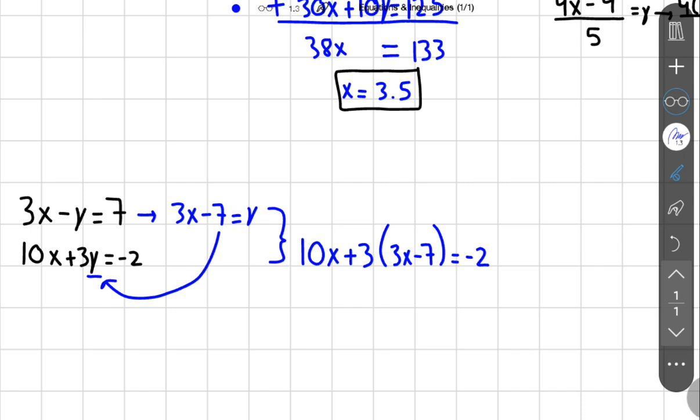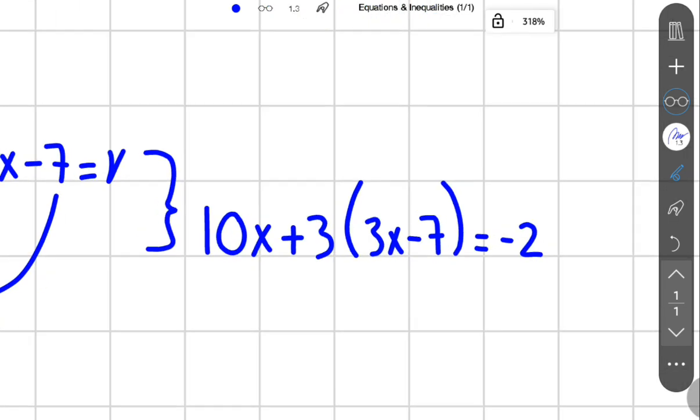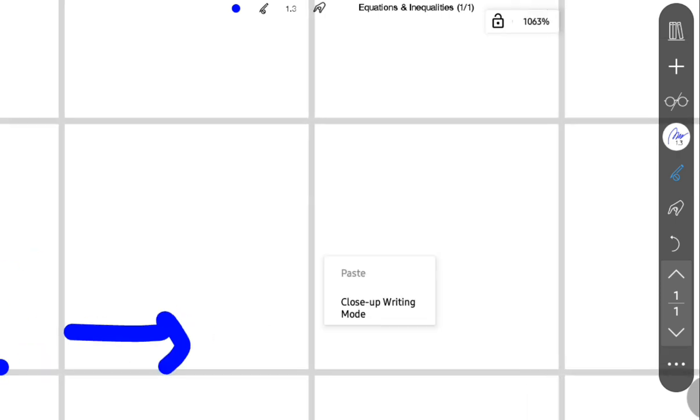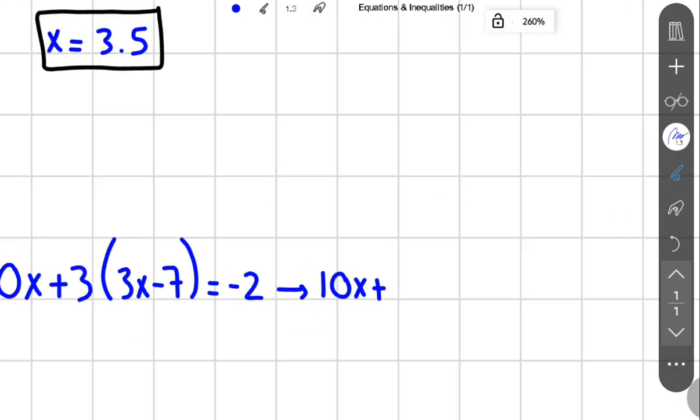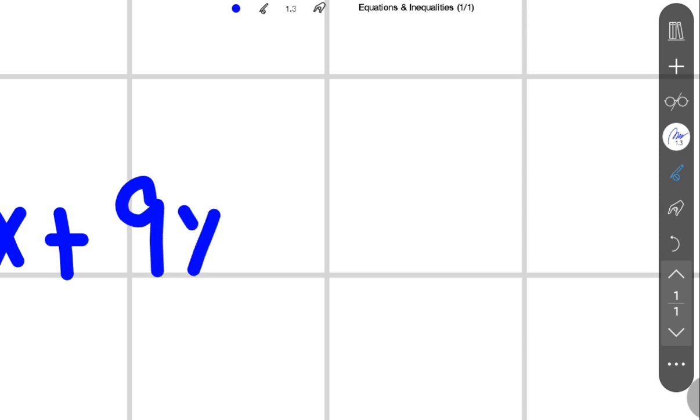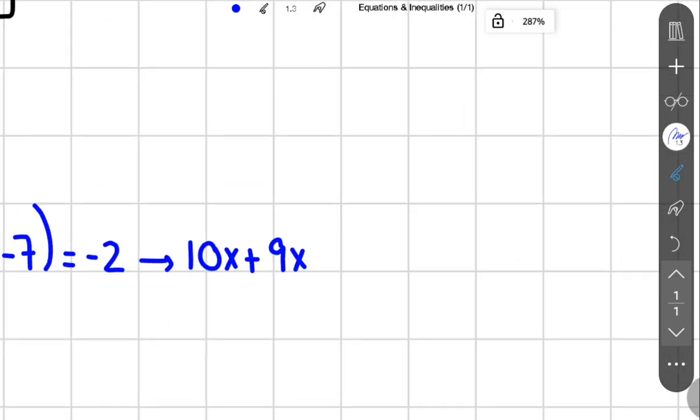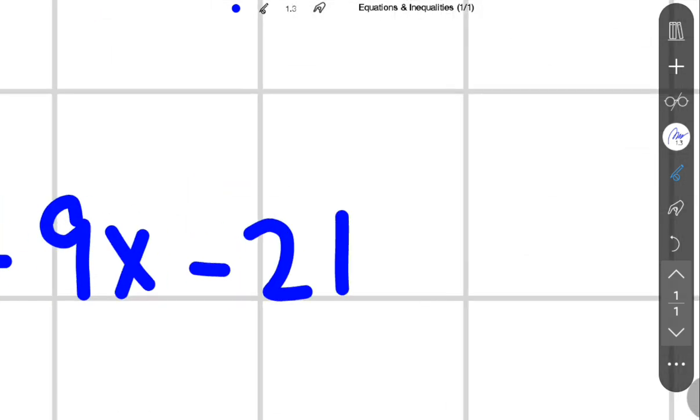Now we could just expand the brackets, and we'll be left with 10x plus 9x minus 21 equals -2.